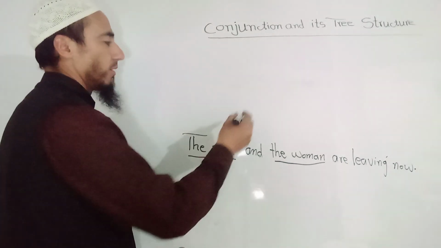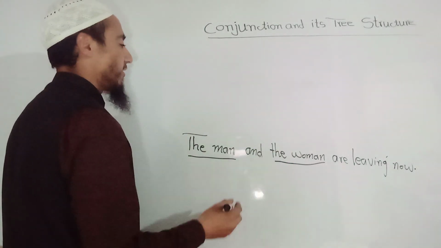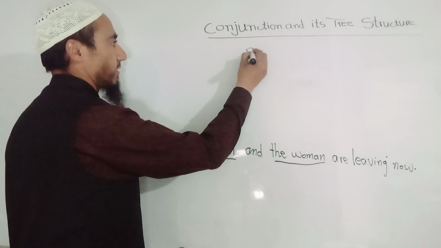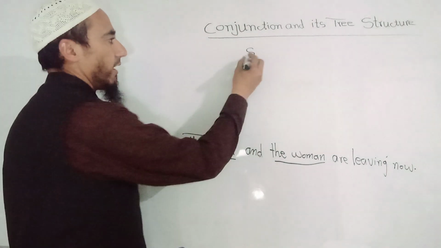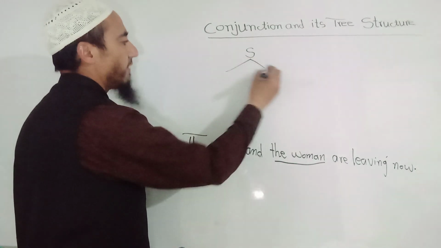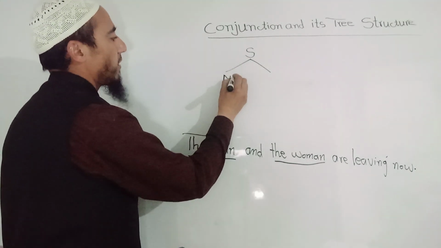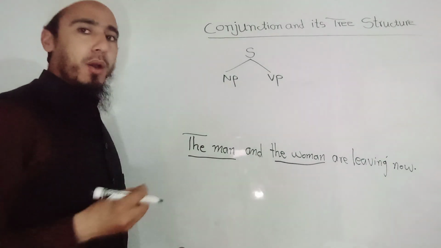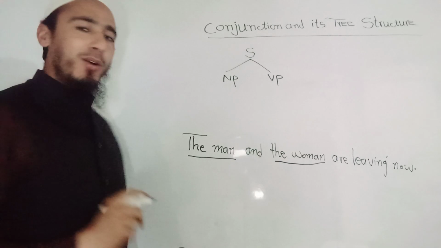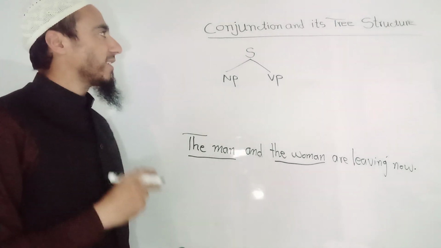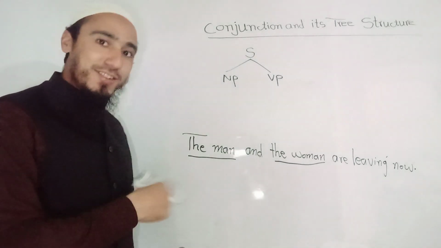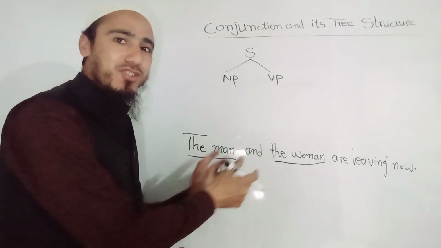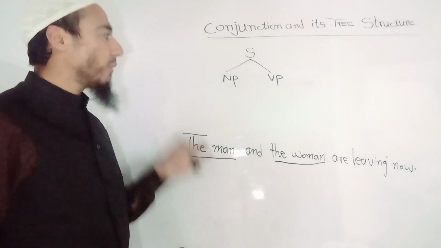Okay. Now, let me draw the tree structure for it. So in a sentence we have S. S means sentence. Then syntactically we have NP. NP means noun phrase. And then we have VP. VP means verb phrase. Now the method of this sentence is completely different, particularly this lengthy constituent. Why?